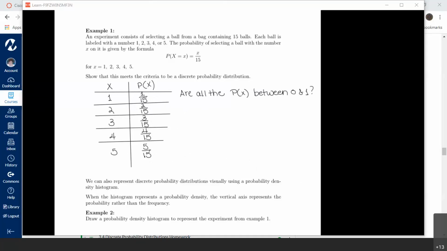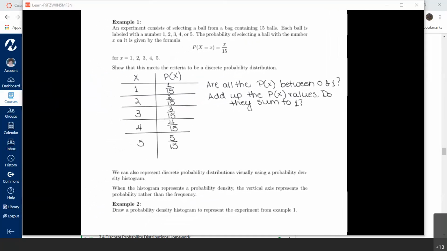Then what I have to do is add up the probabilities, and check, do they sum to 1? Okay, so I'm going to do that.